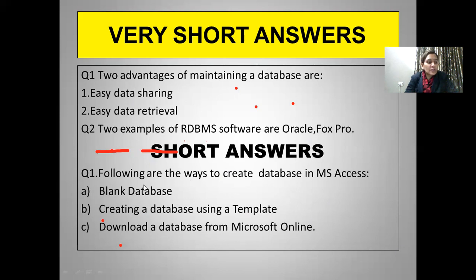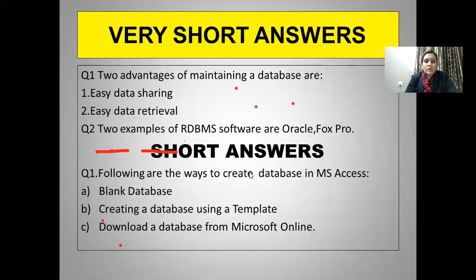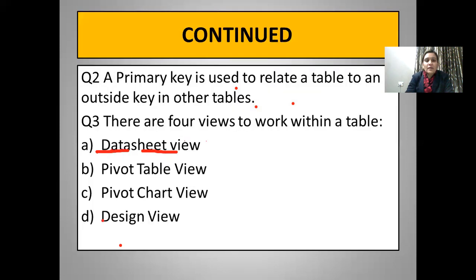Short questions: name the ways to create a database in MS Access. The following are the ways: we have a blank database, creating a database using a template, or we can download a database from Microsoft Online, right? Next question, what is a primary key?